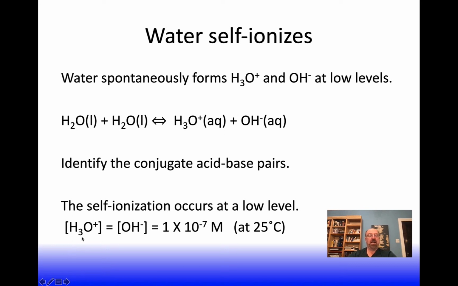So the concentration of the hydronium ion has to equal the concentration of the hydroxide ion, and they equal 1 times 10 to the minus 7 molar. That's at 25 degrees C. So if you've got pure water, there's a little bit of hydronium ion and a little bit of hydroxide ion in the water. Now, their concentrations are equal. When they're equal, it is considered a neutral solution. It is neither acidic nor basic.